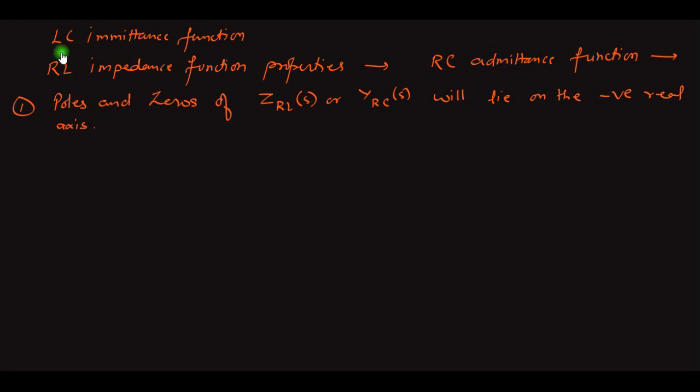If you remember the last lecture where we discussed the properties of LC admittance function, the poles and zeros of LC admittance function used to lie on the imaginary axis, whereas the poles of RL impedance function or RC admittance function will lie on the negative real axis.